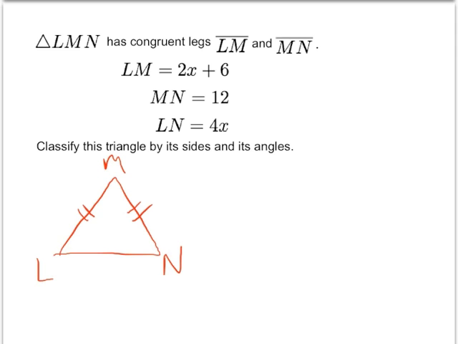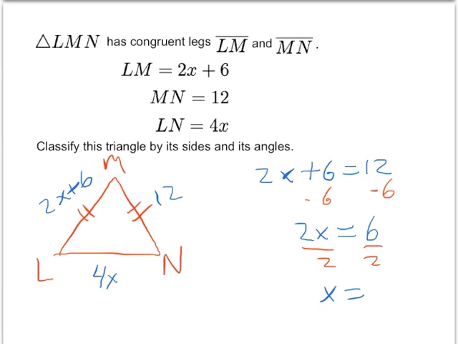Furthermore, we also know that the side length LM is 2x plus 6, MN is 12, and LN is 4x. And using the fact that these legs are congruent, I know that 2x plus 6 must equal 12. And so then we can solve that, figure out what x is.